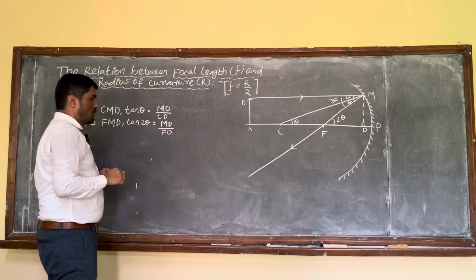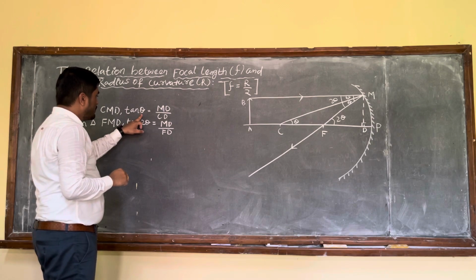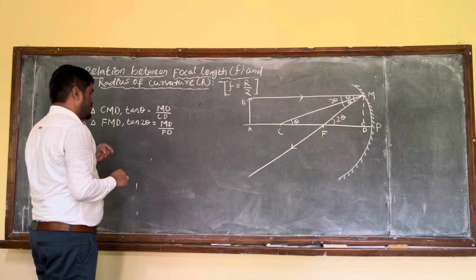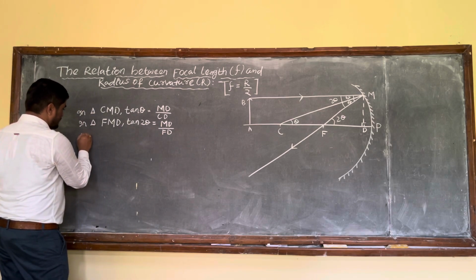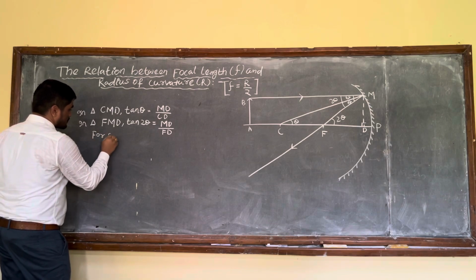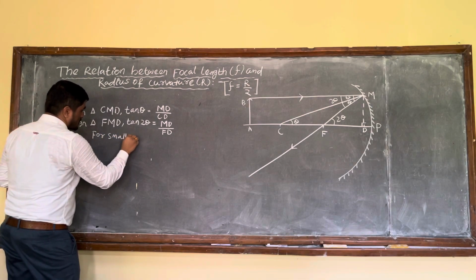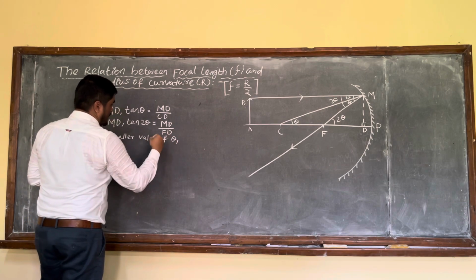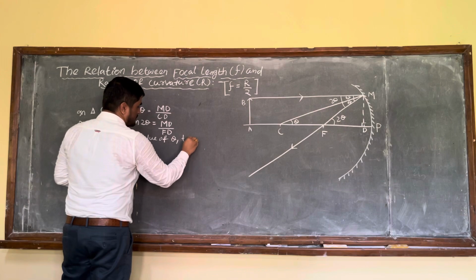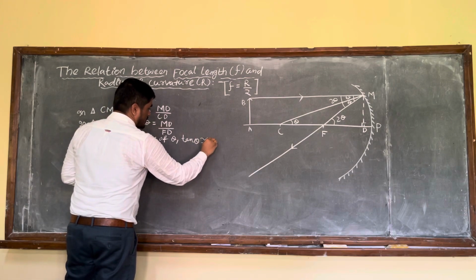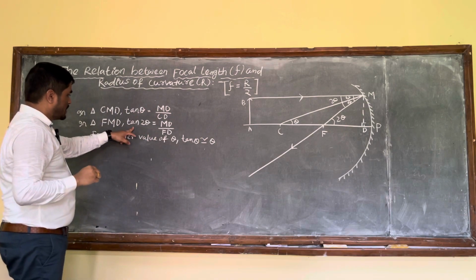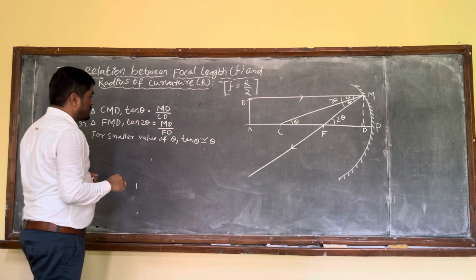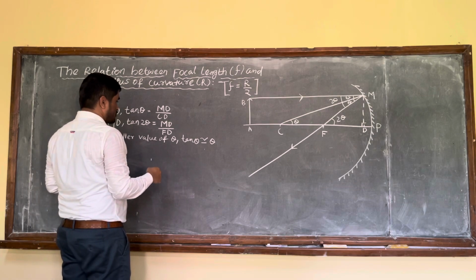You already know that for a small value of theta, tan theta is nearly equal to theta. Similarly, tan 2 theta is nearly equal to 2 theta.